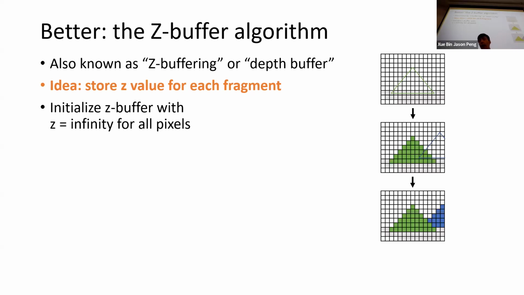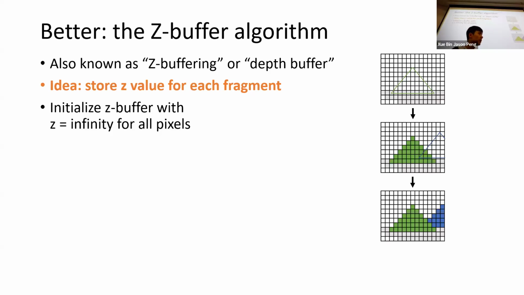The Z-buffer, on the other hand, instead of storing the colors of the triangles, is going to store the distance to the camera of the triangles that were drawn onto every single pixel. So every pixel in this buffer will tell us what is the closest triangle that was drawn onto this pixel and the distance that triangle was from the camera.